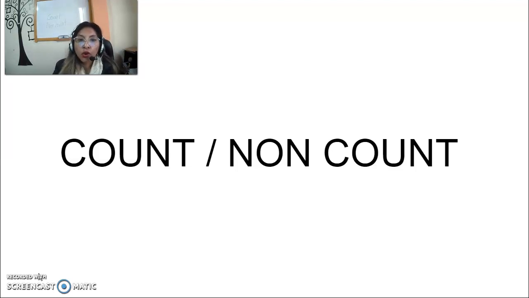Count nouns are all those nouns we can count as 1, 2, 3, 4, 5, etc. And those non-count nouns are those that we cannot count, for example, liquids, like orange juice, water, oil, or all these tiny things that we cannot count, for example, sugar, salt, etc. However, there are some nouns that can be both count and non-count nouns. The same word may represent a count and a non-count noun.